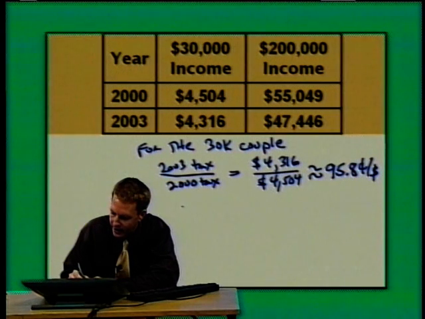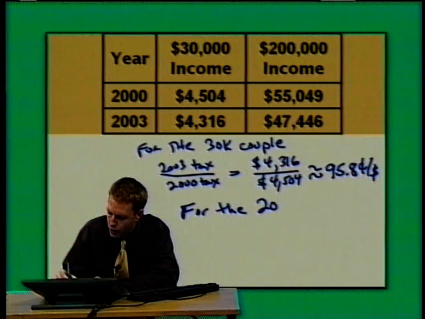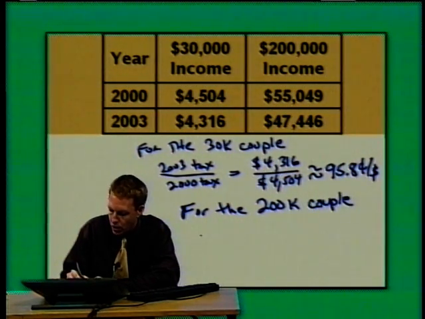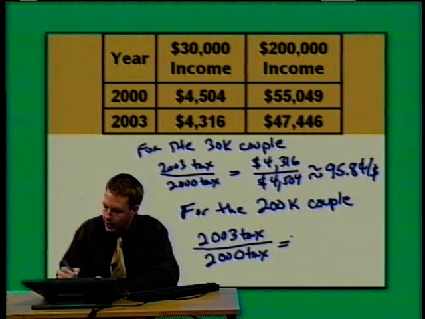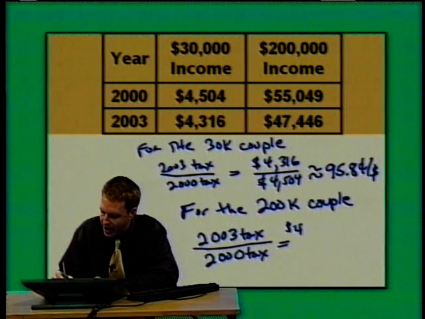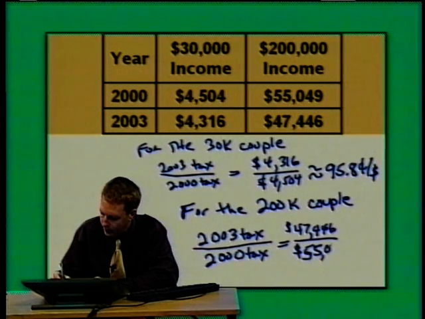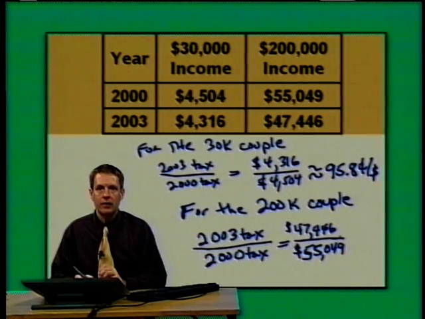Let's see what the deal is for the 200K couple. So their 2003 tax compared to their 2000 tax is $47,446 over $55,049.